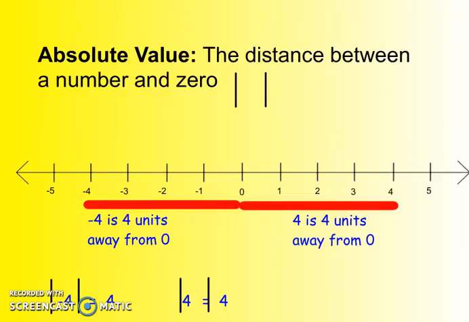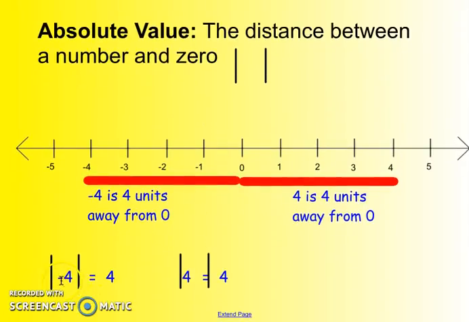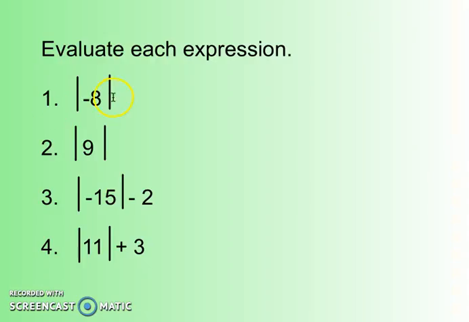So if I want to find the absolute value of -4 or +4, both of them, since they're opposites of each other, have a distance of 4 units away from 0. Same thing is true if I find the distance of -8. Well, ask yourself, how far from 0 is -8?